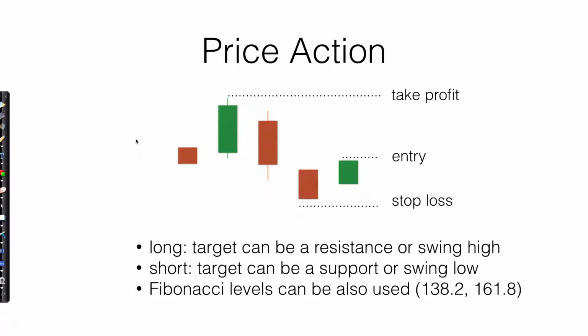I also made a video showing some of the bullish patterns that you can identify using the Japanese candlesticks, so combinations of candlesticks that represent a bullish scenario. And similarly, I've done another one where I show some bearish candlestick patterns. So you can have a look if you are interested.